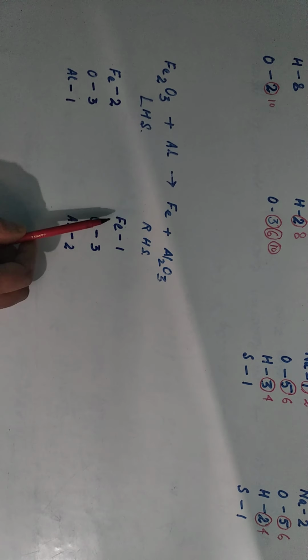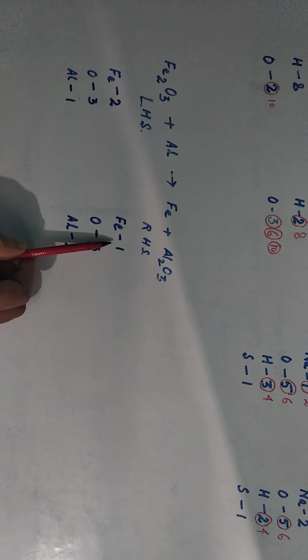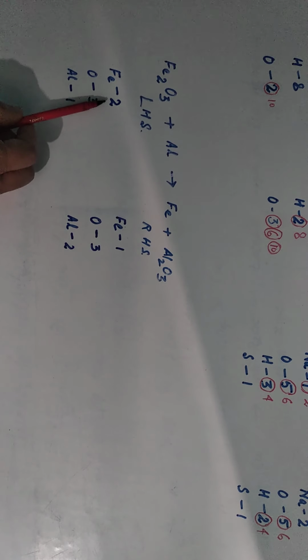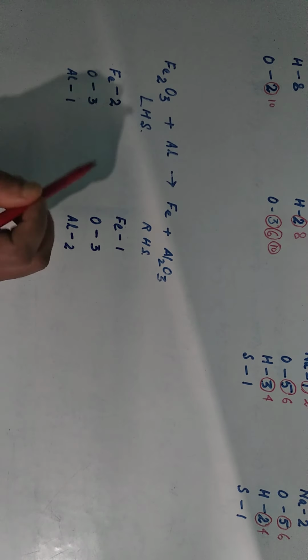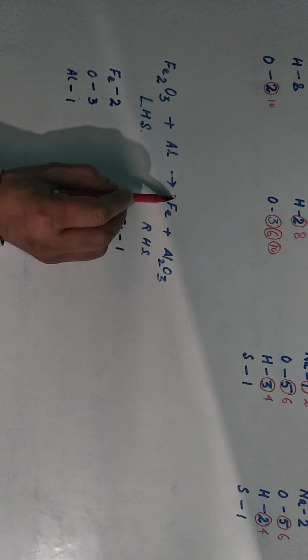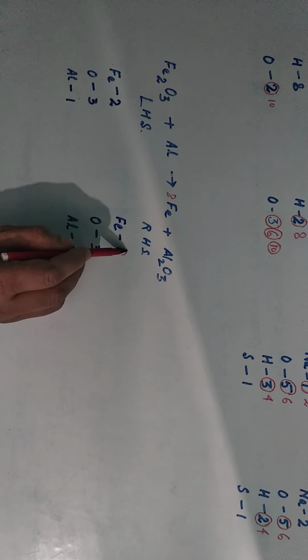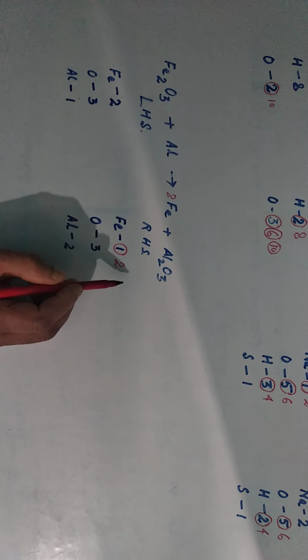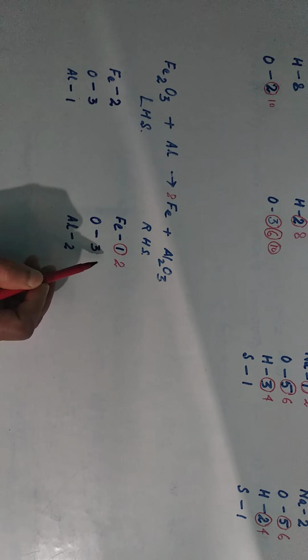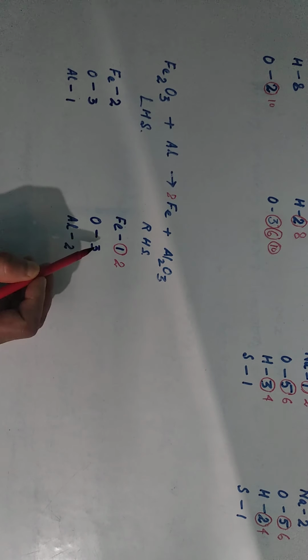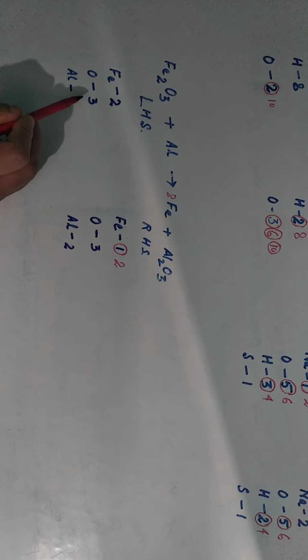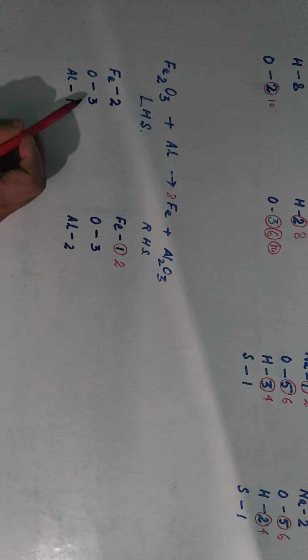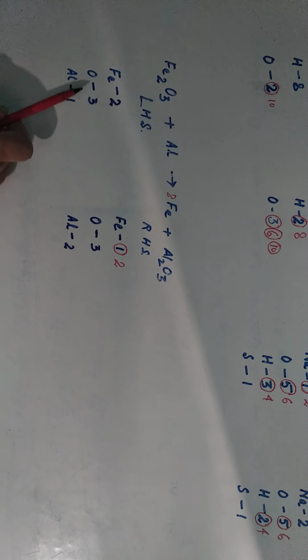We need to balance iron first. Since on the left hand side we have 2 atoms of iron, we need to multiply the iron on the right with 2. So the new iron atom count will become 2. Now we would multiply oxygen by some number to make it balance, but we can see the number of oxygen is balanced on both sides.